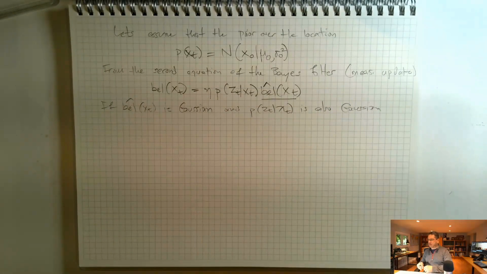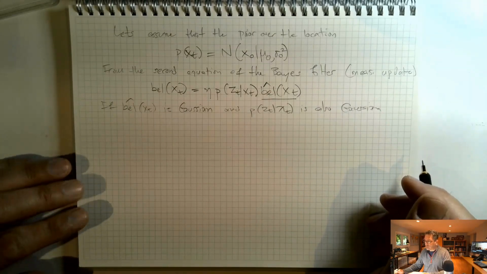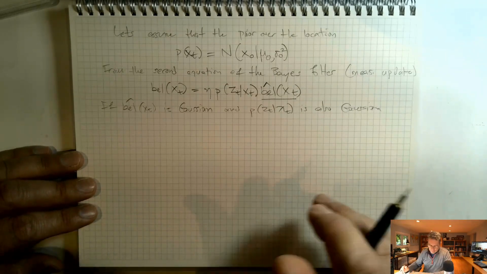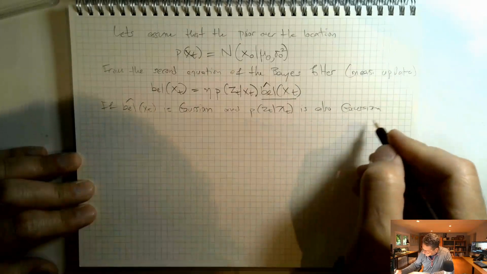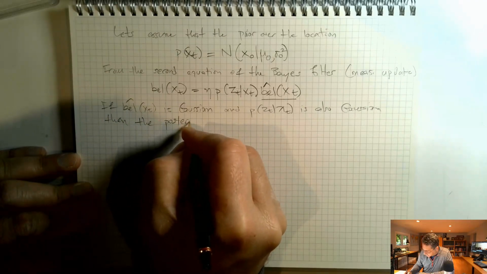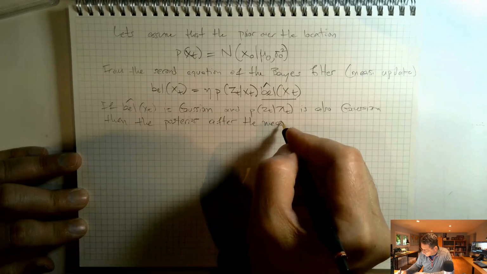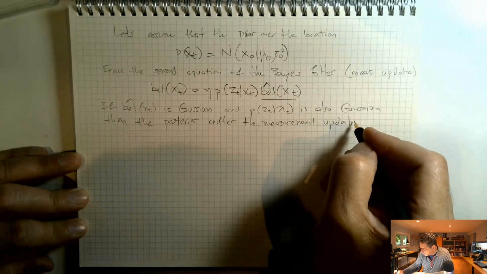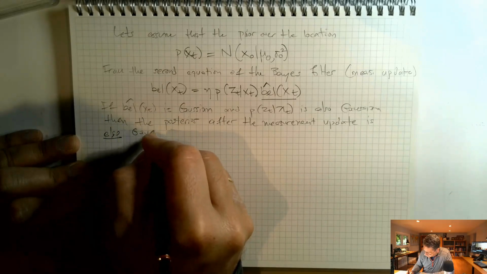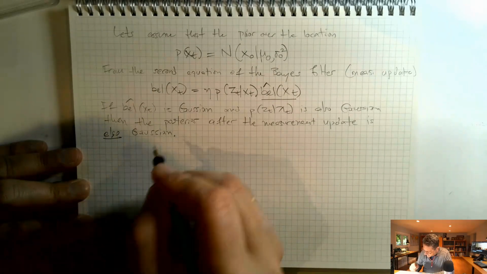We saw how this Gaussianity for the measurement led to writing the maximum likelihood estimate as an expression, and how that estimate can be recursively updated. Then, if both of these are Gaussian, the posterior after the measurement update is also Gaussian.